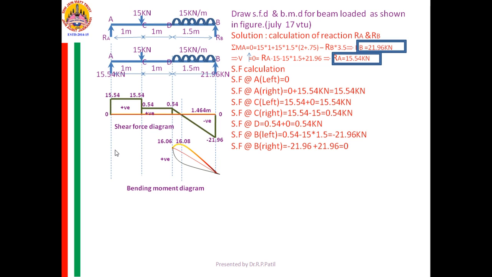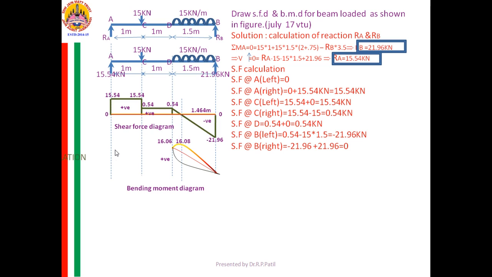If you observe the figure, that change is occurring between D and B. Usually wherever the SF changes its sign, at that location bending moment will be either maximum or minimum within that particular location. That point we need to calculate afterwards.